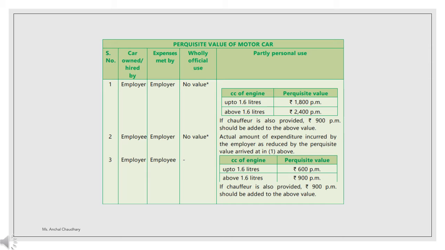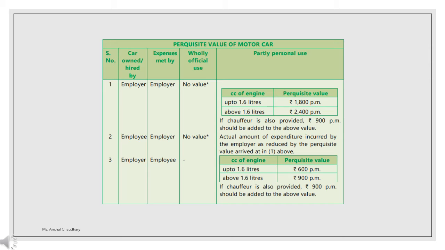But if it is partially used for personal use also, then if the car has an engine up to 1.6 liter cc, the value of the prerequisite will be computed at 1800 per month. And if it is above 1.6 liter, then 2400 per month.